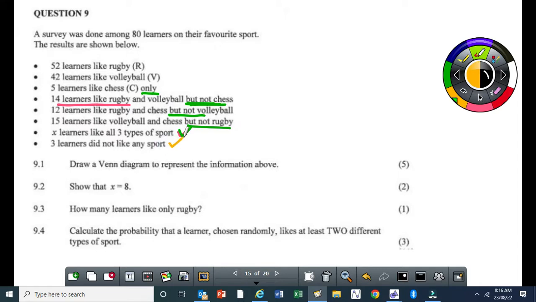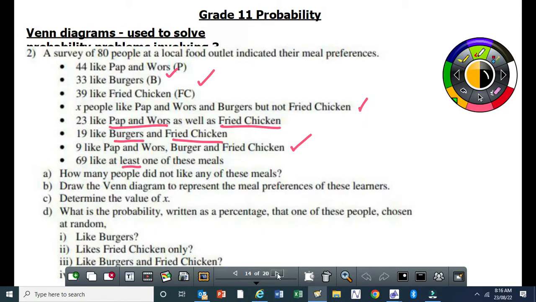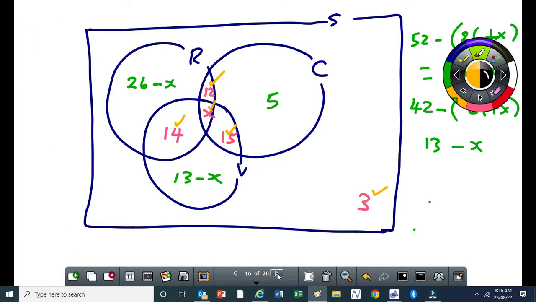Okay. Now we need to determine those who only play 1 sport. They don't play 2. They don't play 3. They only play 1.